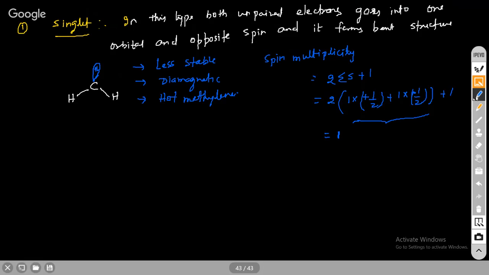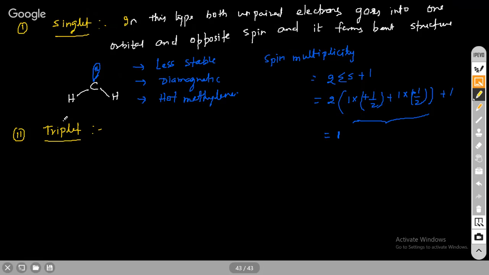Now we'll do the last thing in this, which is triplet. When we calculate the spin multiplicity of this, we'll get 3. We'll do that. Okay.